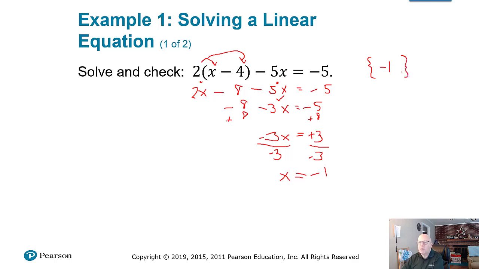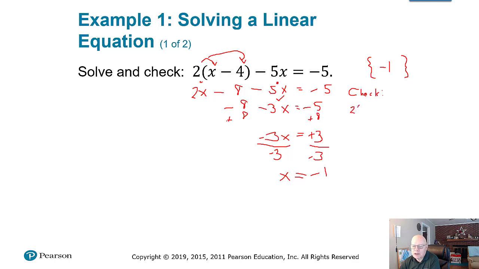And we're almost done except for one thing. We need to check and see whether this actually works. If we all did our algebra perfectly and never made a mistake, we wouldn't need this, but this is the safe thing to do. So we're going to go back to the original.